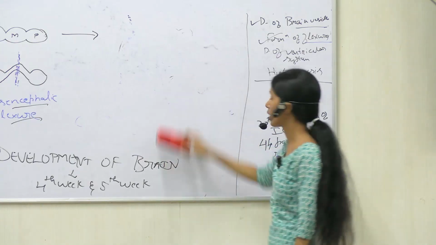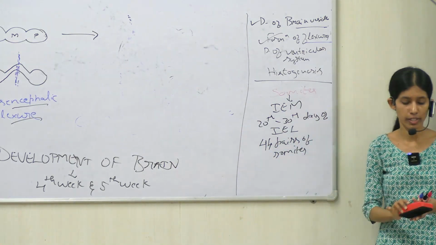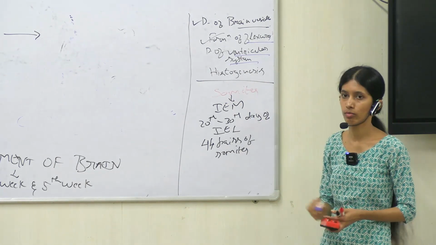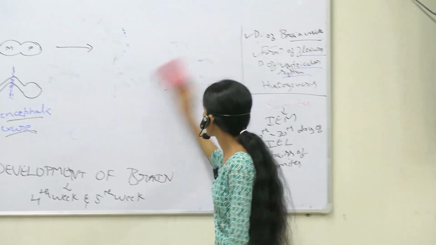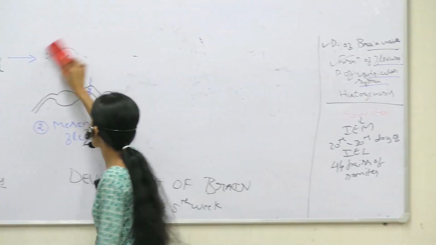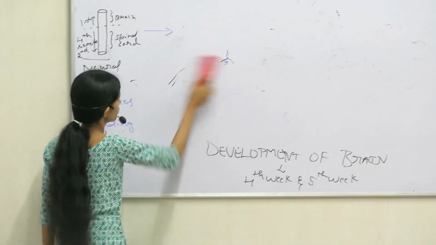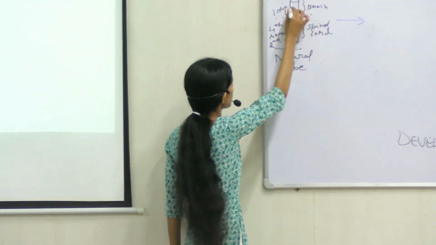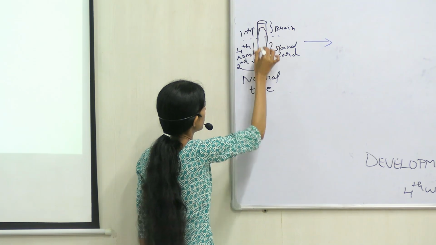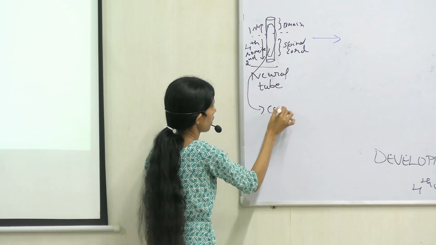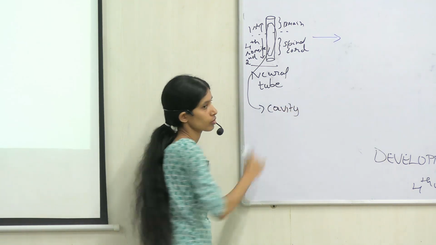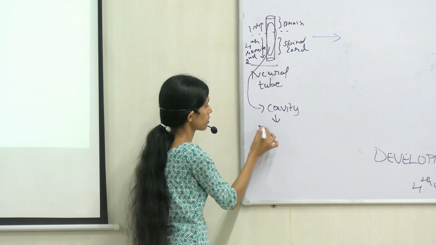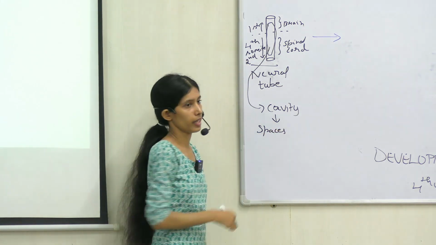Okay. Ventricular system. What do you mean by ventricular system? How the ventricles in your brain will form? If you observe the neural tube, this area of the neural tube is present as a cavity. This cavity is referred as spaces present in your brain.